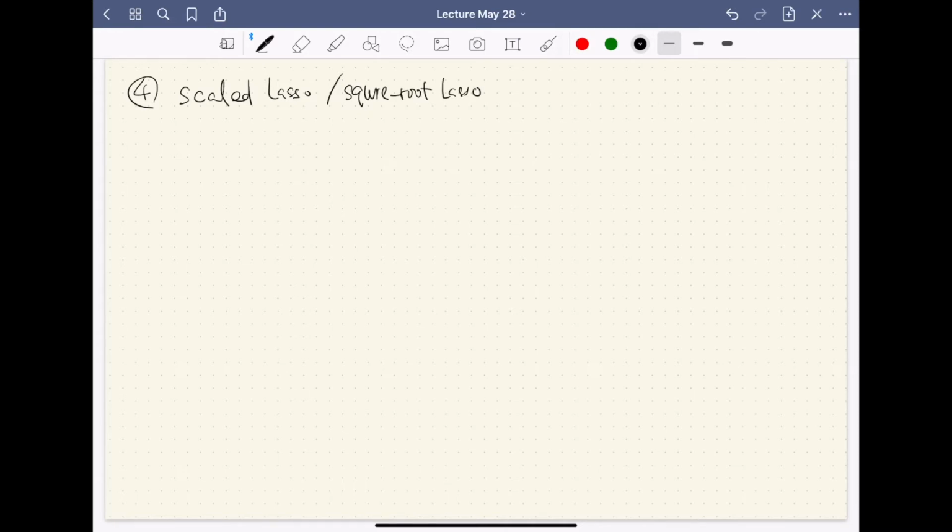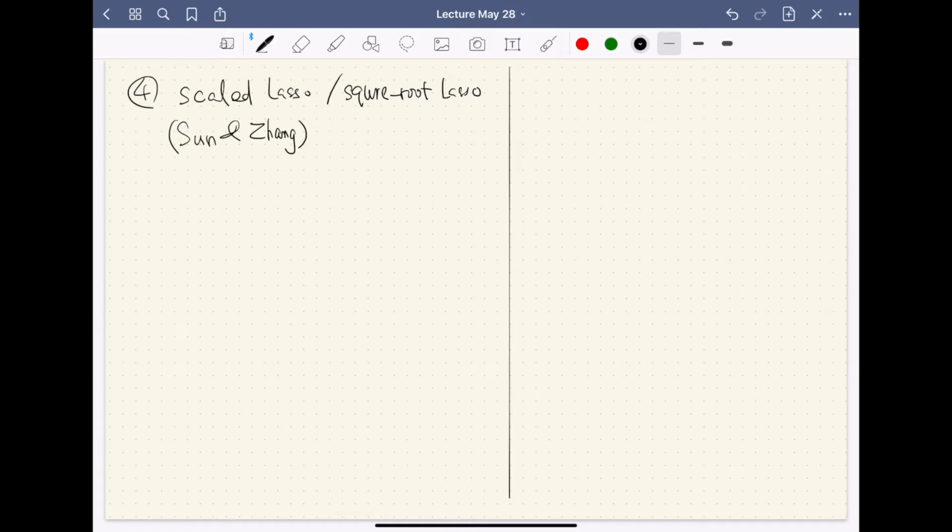These two methods were proposed around the same time in the literature, and very shortly people discovered they are actually the same method. The first method is proposed by Tingni Sun and Cun-Hui Zhang. So Sun is Cun-Hui's student.